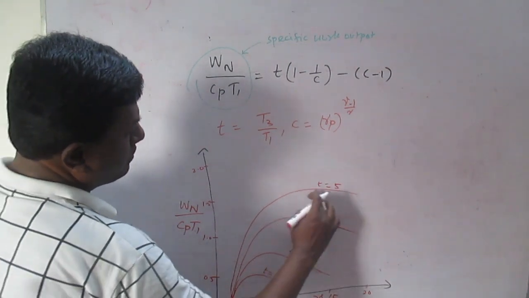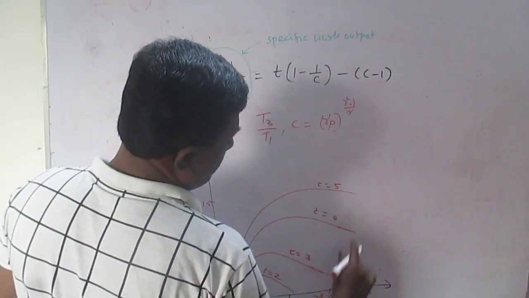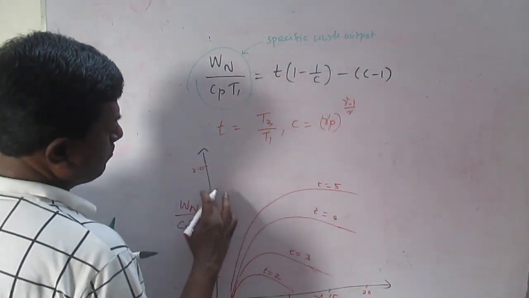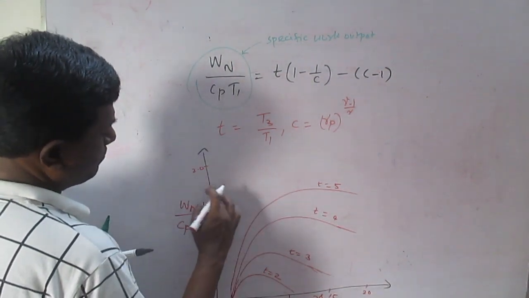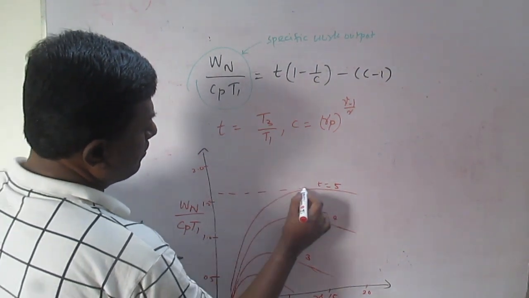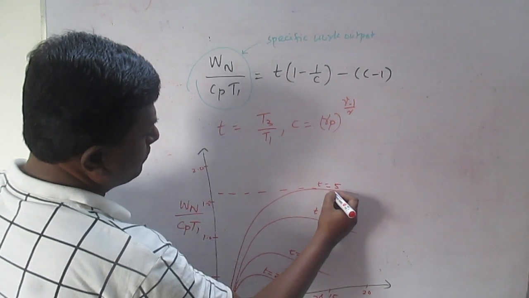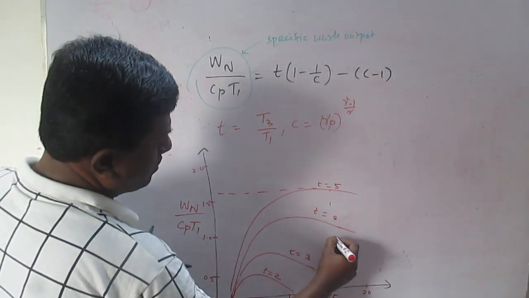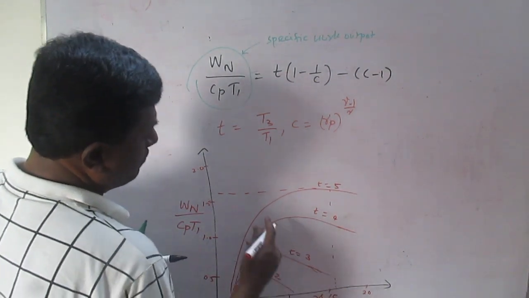At this point the specific work output is maximum for a certain pressure ratio. So that is what we have to understand.